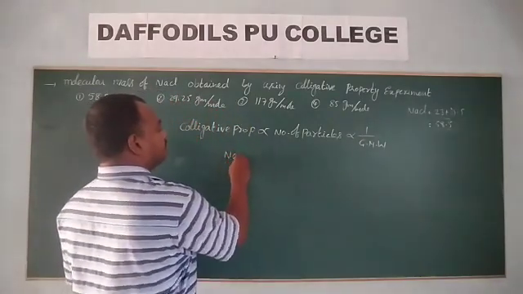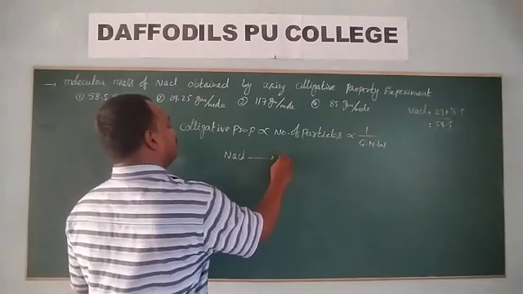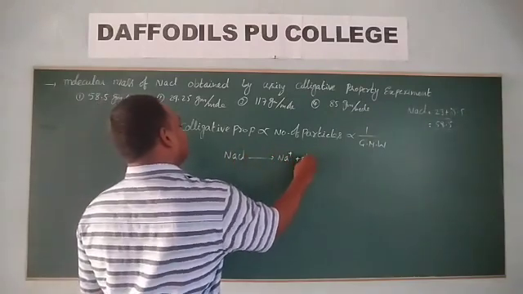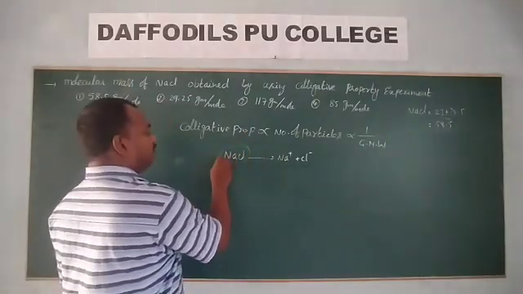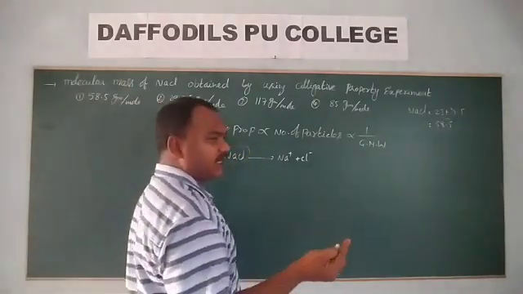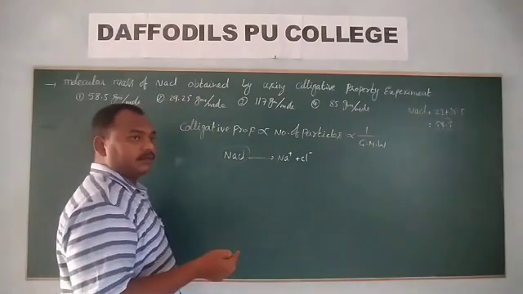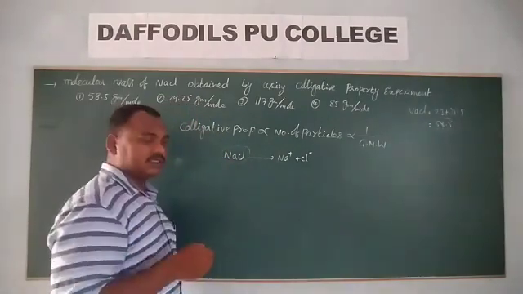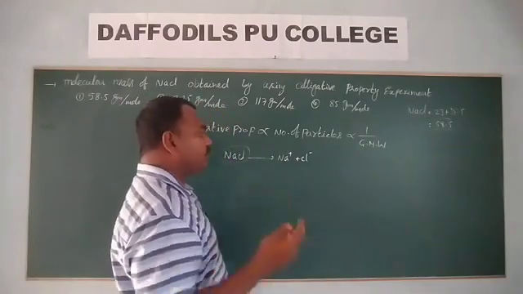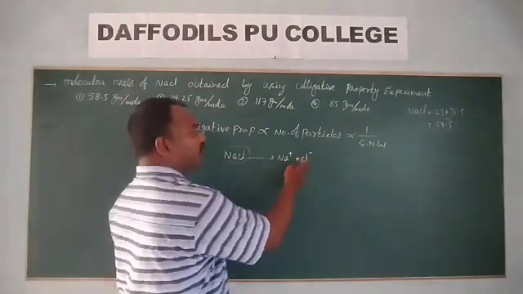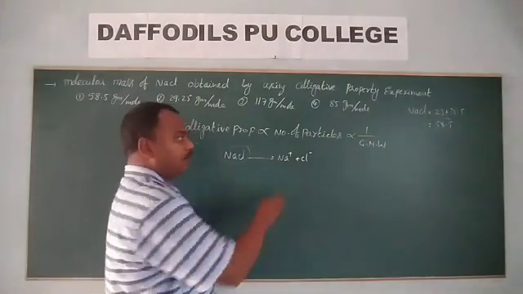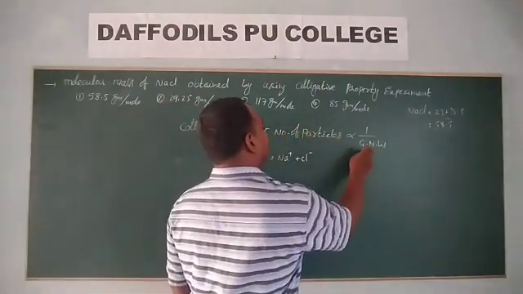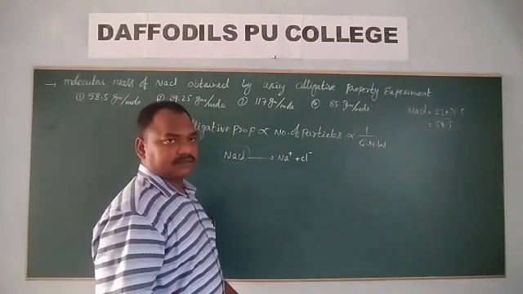When sodium chloride is dissolved in water, it dissociates into Na plus and Cl minus ions. We are placing only one particle of sodium chloride, but when dissolved in water it gives two particles, two ions. That means the number of particles increases, and when the number of particles increases, molecular weight decreases.